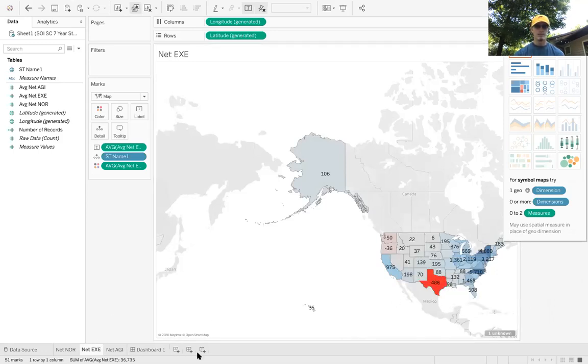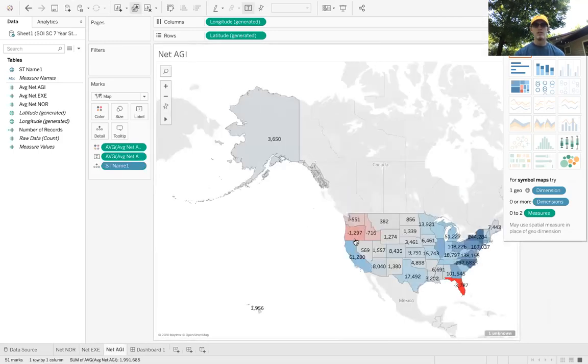And then we have net AGI. This is your net adjusted gross income, and this more accurately depicts the income and where it's coming from and where it's going.